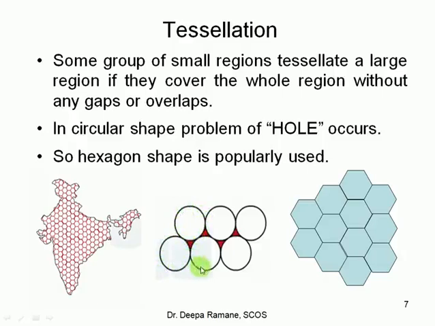See, these are your circular shaped cells. In this particular picture, you can observe that when the cells are joined together, a hole is created, and in this hole there will not be any tower to control the devices or provide services to the mobiles present in these holes.